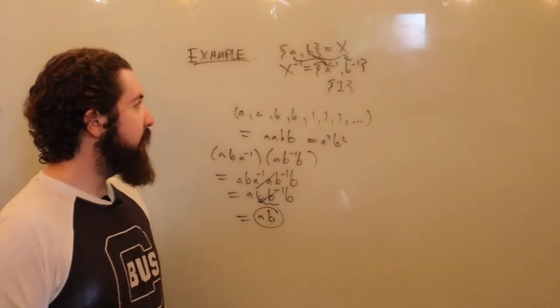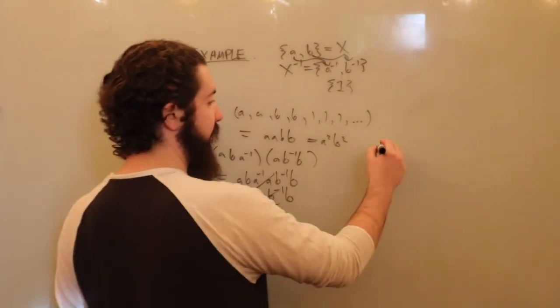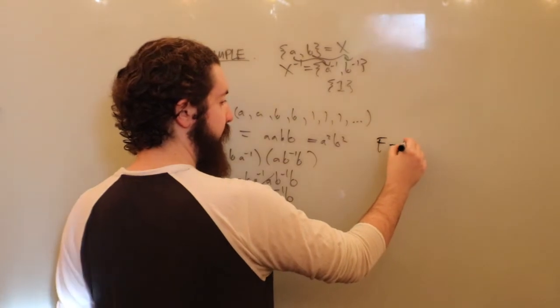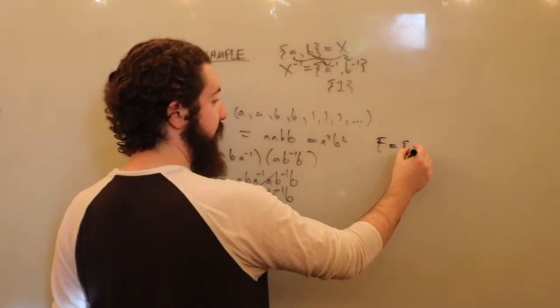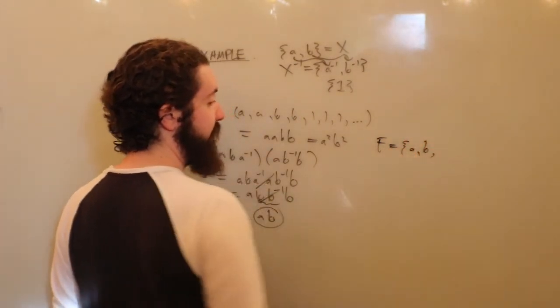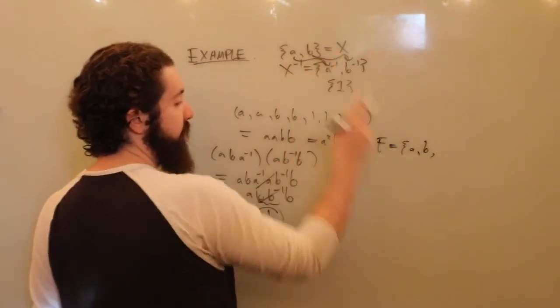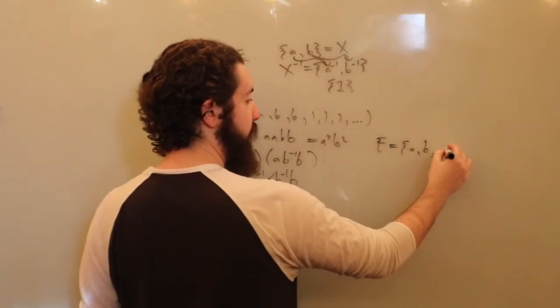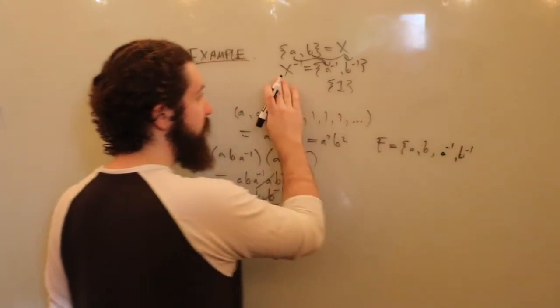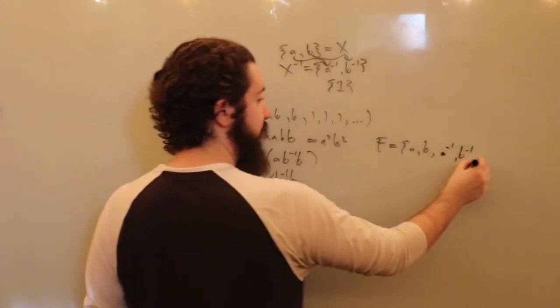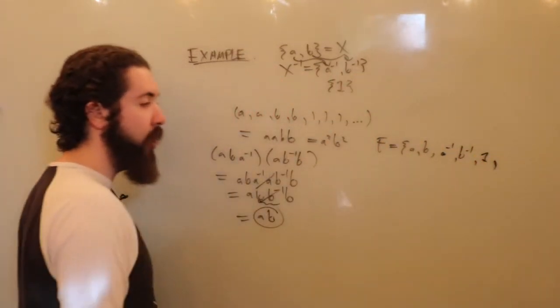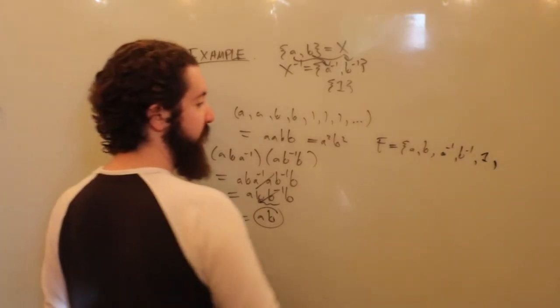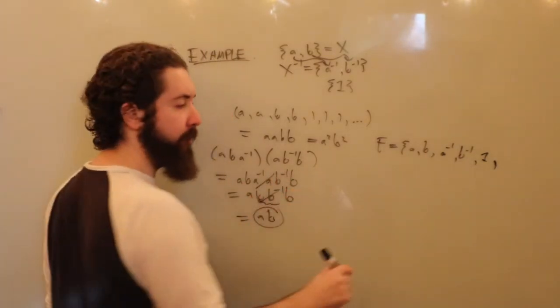So the free group is just going to look like these reduced words. So you'll have, first and foremost, the elements from X: A, B, A inverse, B inverse. You'll have the singleton 1, the empty word, which is also reduced by definition.